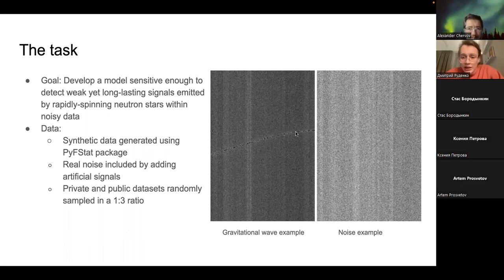The horizontal line is a gravitational wave, but the vertical lines are just the detector's noise, which is distributed as chi square. So yeah, the last team was also using a denoising technique, which helped them. They applied median filtering by the columns of this signal.